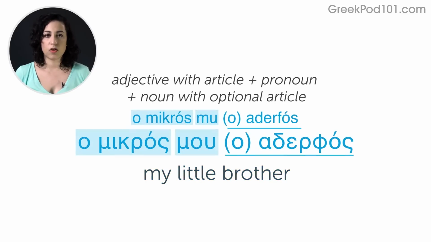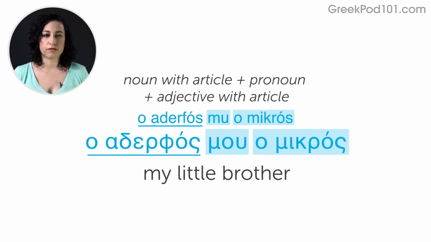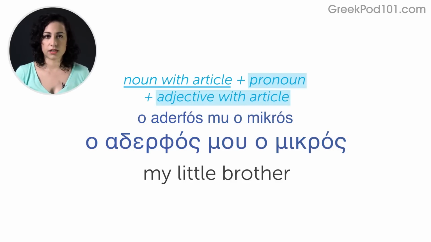It can also be ο μικρός μου ο αδερφός, adjective with article plus pronoun plus noun with optional article. And finally, we can have ο αδερφός μου ο μικρός, noun with article plus pronoun plus adjective with article. As you can see, the possessive pronoun will either precede the noun and its article or follow it.